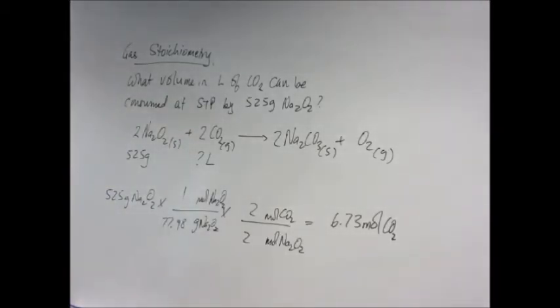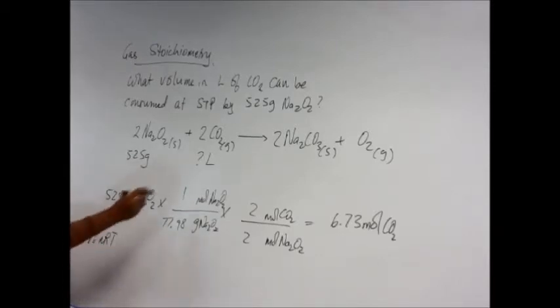Now we have to get the moles of carbon dioxide to liters of carbon dioxide, and the only way we can do that is by gas laws, by PV equals nRT. What am I calculating for? Volume.